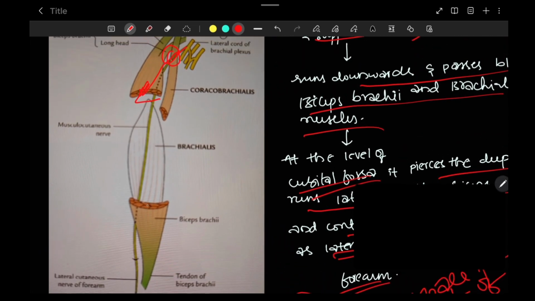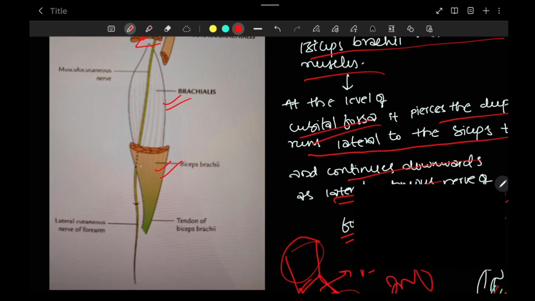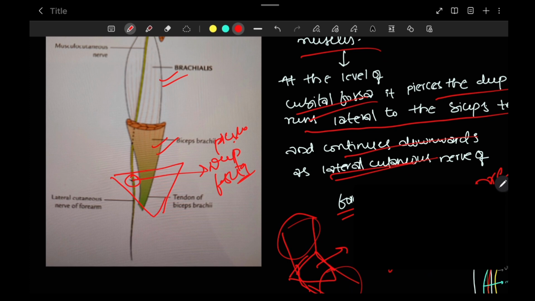After passing in between the biceps brachii muscle and the brachialis muscle, at the level of the cubital fossa, it pierces the deep fascia and runs lateral to the biceps tendon. This is very important.